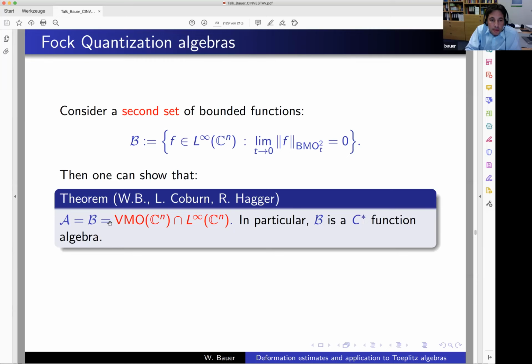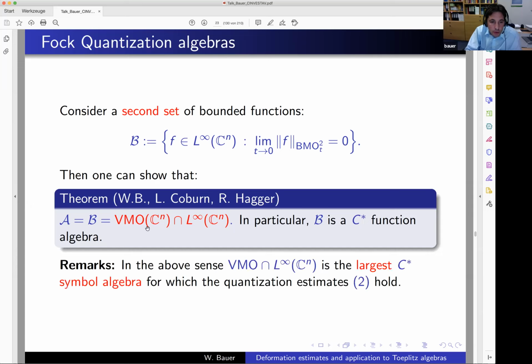But the thing is that you can precisely characterize what that C-star algebra is. It's the space VMO_C^n intersected with L-infinity. So the bounded functions in VMO. And so that tells you that this actually is a C-star algebra, and you precisely know what it is.